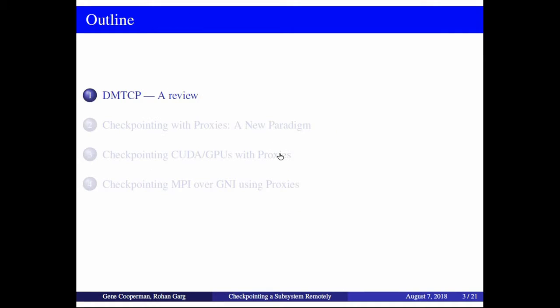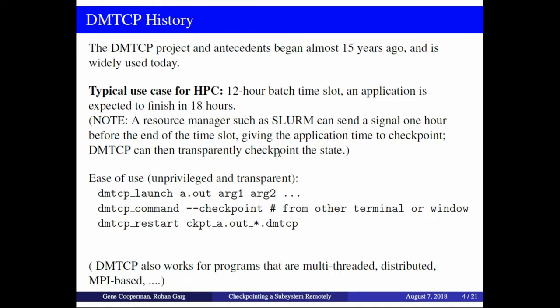So first, let's review DMTCP. DMTCP has been going on for almost 15 years now. It's widely used. Maybe for this audience, one of the more interesting applications would be if you are running in batch and you got a 12-hour batch time slot, only your job takes 18 hours.